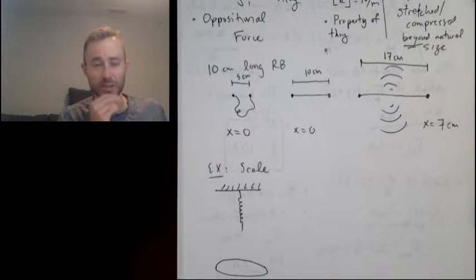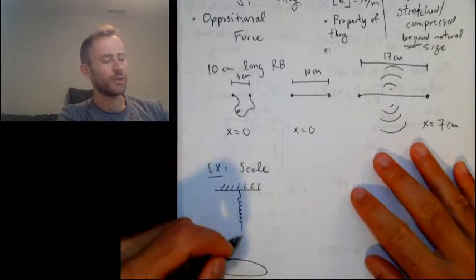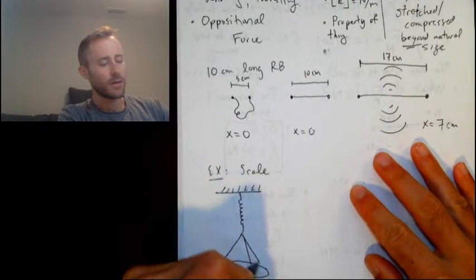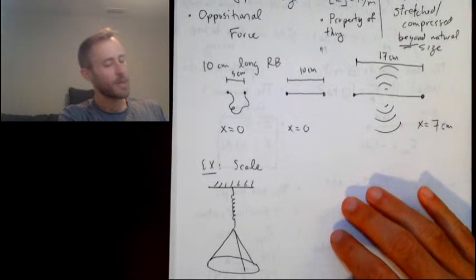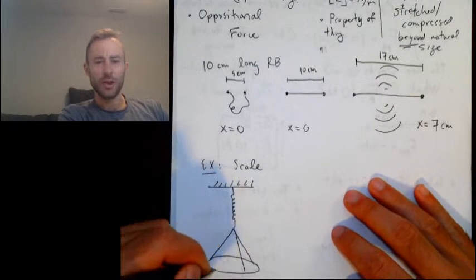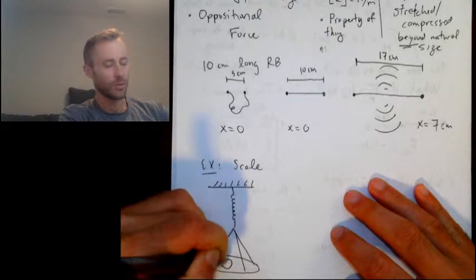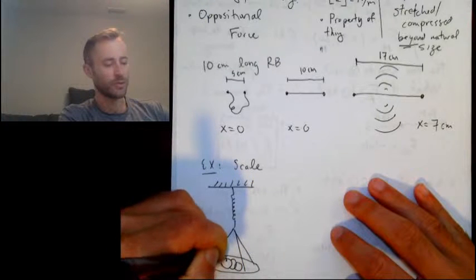This is one type of a scale, by the way. You could also have a balancing scale. So here's the plate that is being held up by the spring. And we put some stuff on the plate. So maybe we're at the grocery store and we put some oranges on there. So here's some oranges.